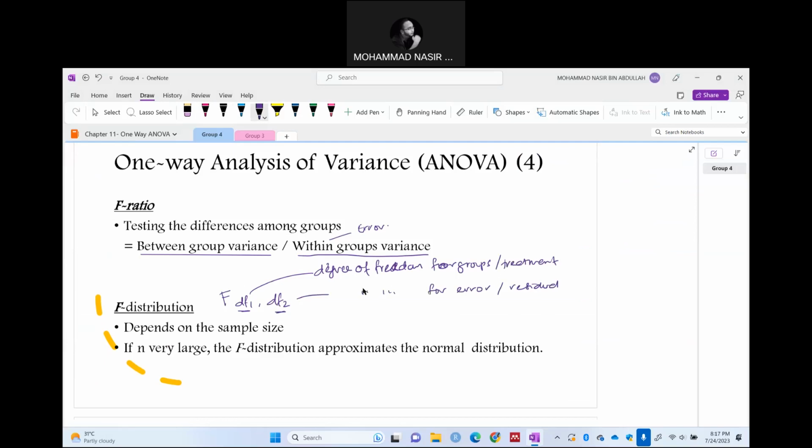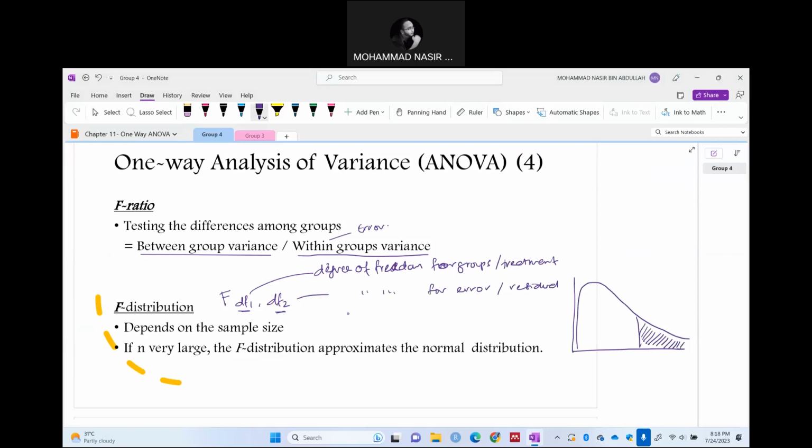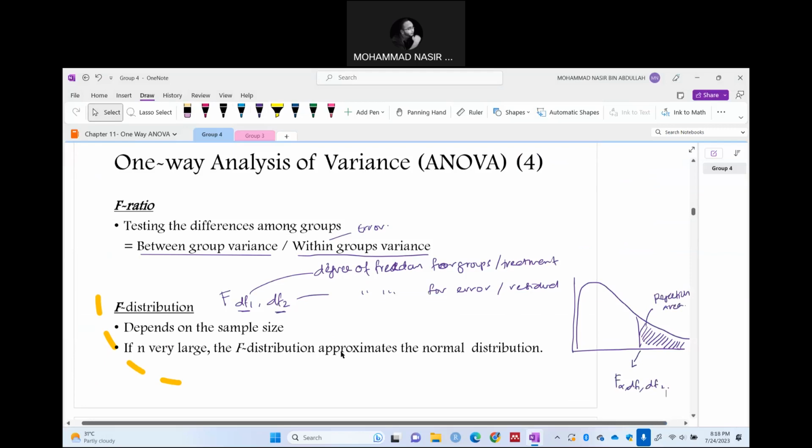The F distribution is skewed to the right because it comes from two chi-square distributions. So we are going to find the rejection area on the right-hand side. This is the rejection area, and this is the critical value F alpha, degree of freedom 1 and degree of freedom 2. I think we already learned this in the previous chapter.